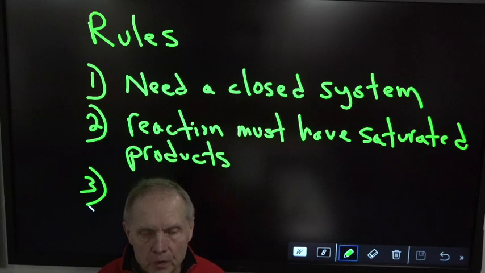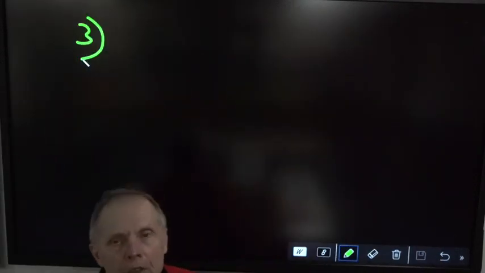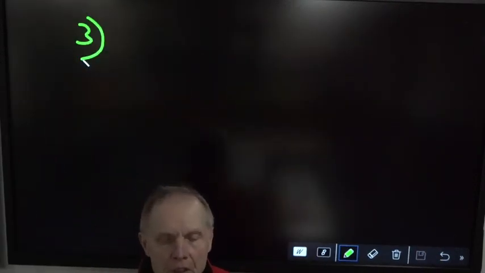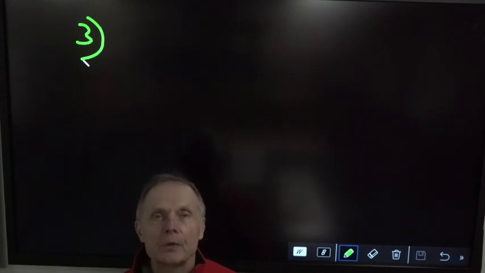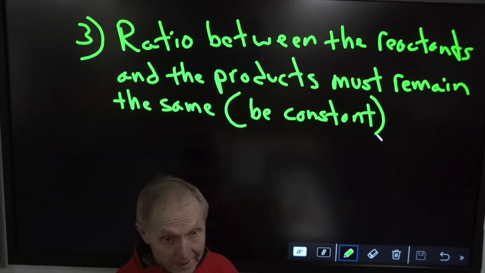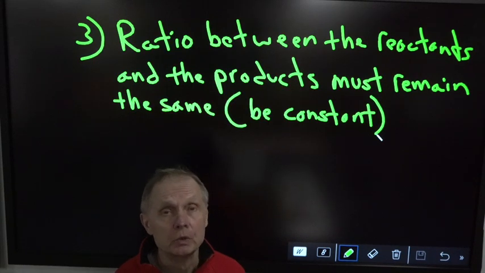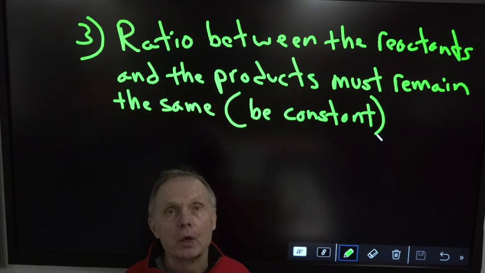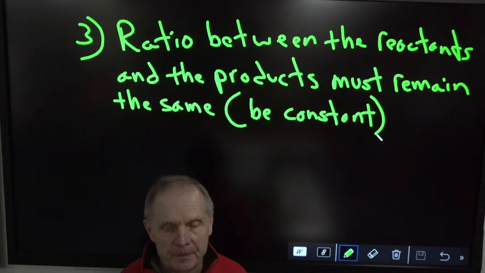Now, other rules. The third little rule is the ratio between the reactants and the products must remain the same, or be constant. Okay, we'll discuss that later on. Right now, these three rules don't mean anything until we start going over examples of equilibrium.